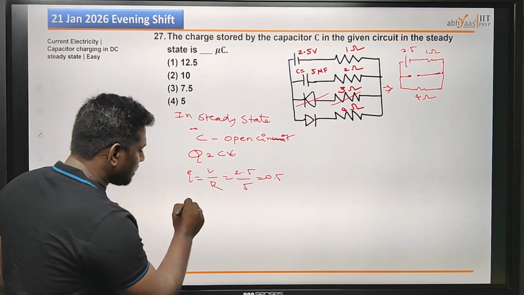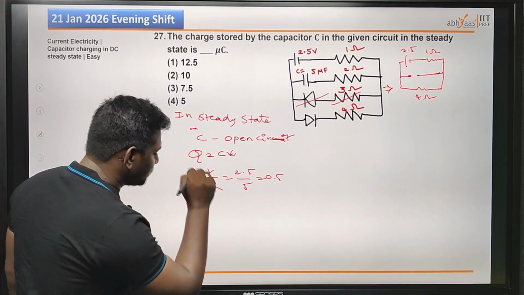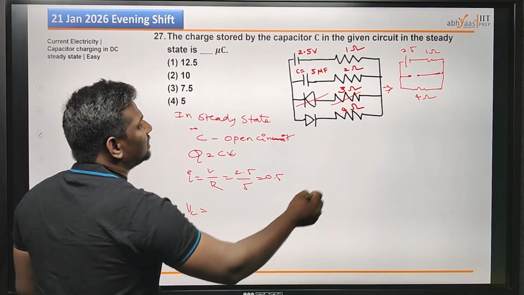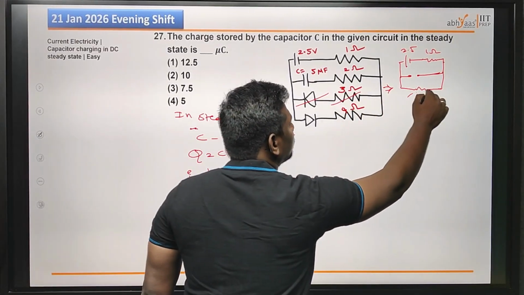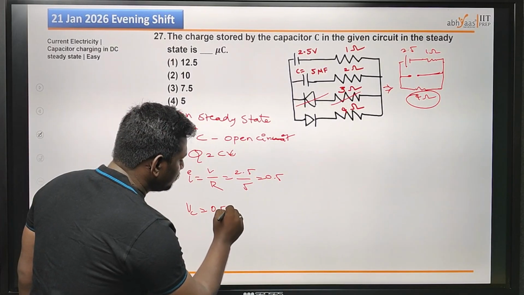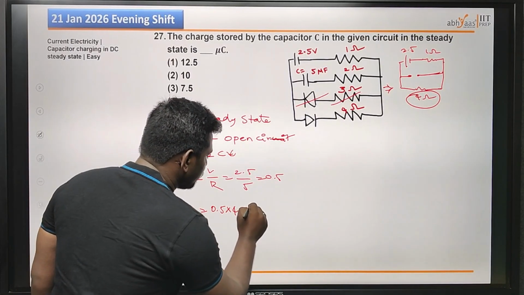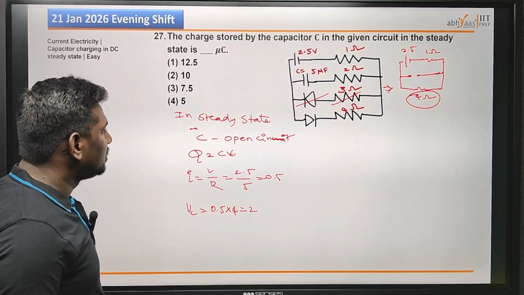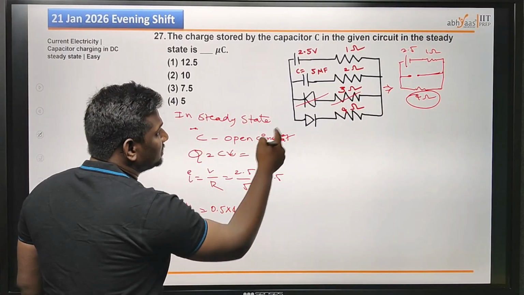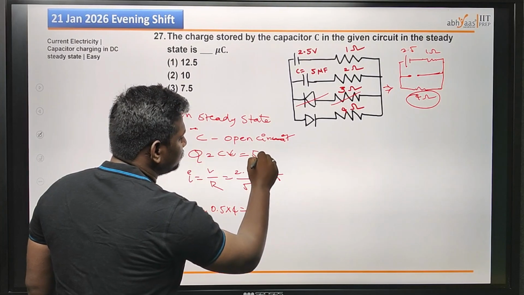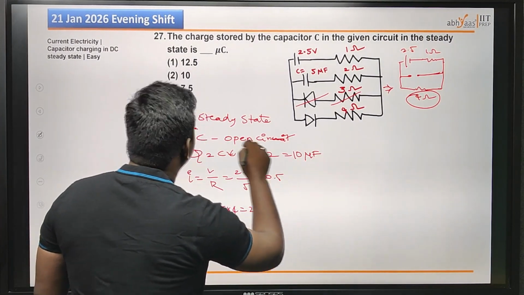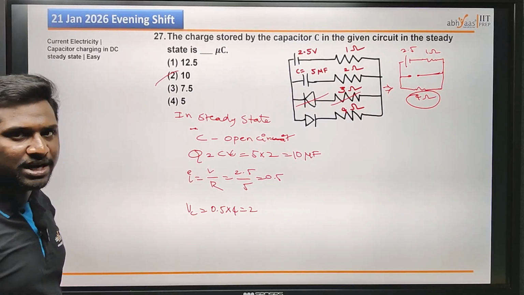To find the potential across the capacitor, you have to take I into R. This is our R, so 0.5 into 4, you get 2. So Q equal to CV, C is 5, 5 into 2, that's 10 microcoulomb. So option 2 is the correct answer.